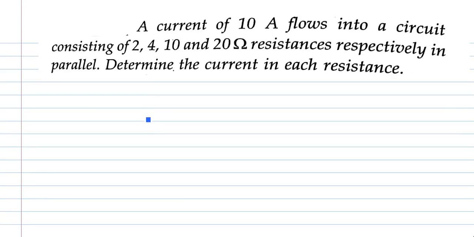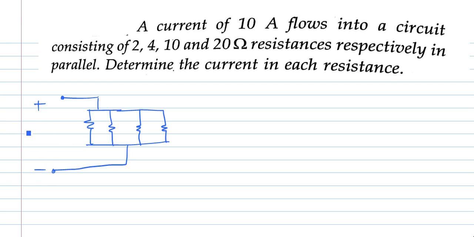Next question says the current of 10 ampere flows in a circuit consisting of 2, 4, 10 and 20 ohm resistances respectively in parallel. Determine the current in each branch. So here the circuit will be formed in this manner. Resistances 1, 2, 3 and 4 are connected in parallel.